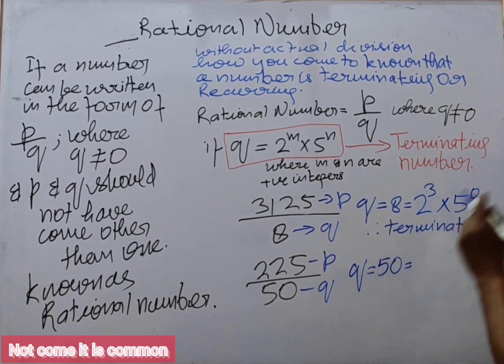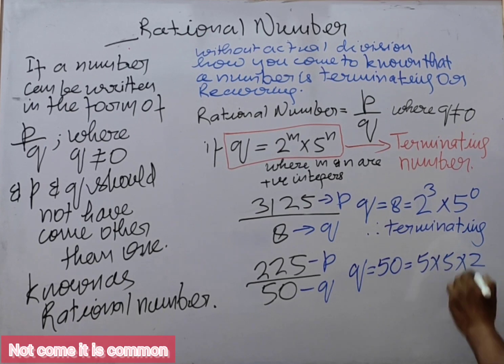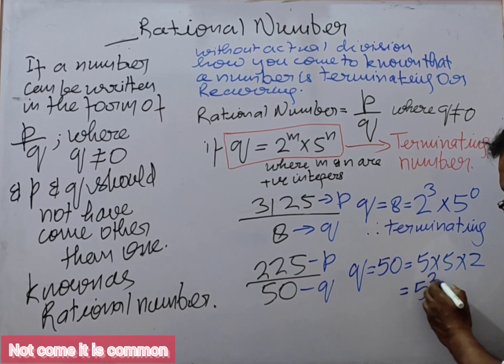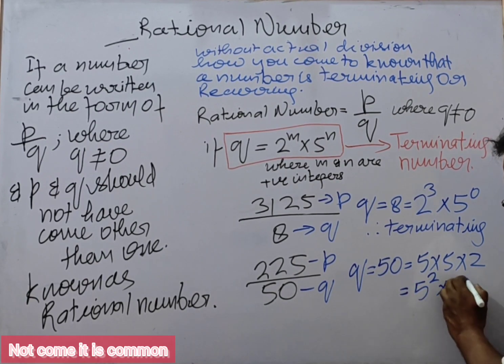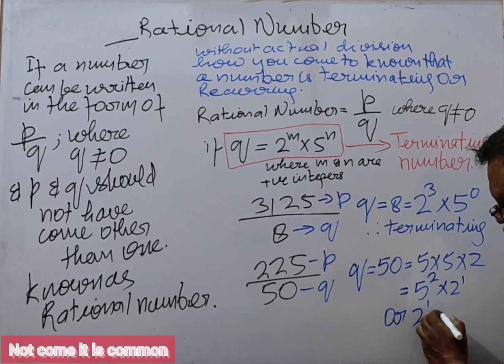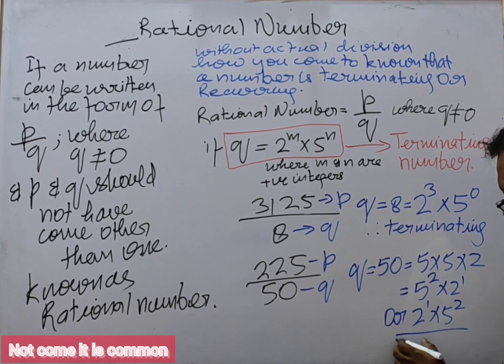If we do the factors, 50 is 5 into 5 into 2. So we can write 5 raised to the power 2 into 2 raised to the power 1, or 2 raised to the power 1 into 5 raised to the power 2. So they are also in the form of 2 and 5.